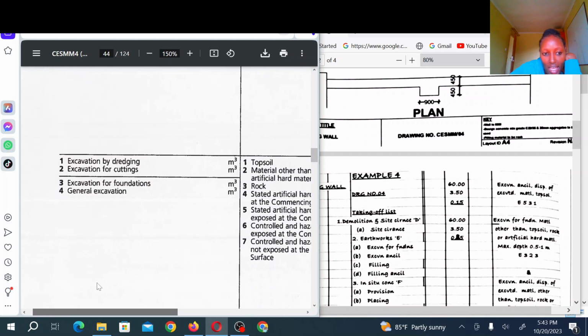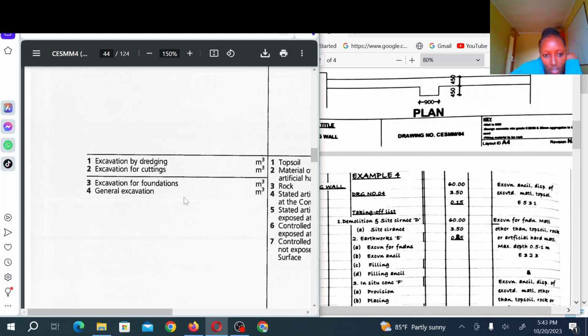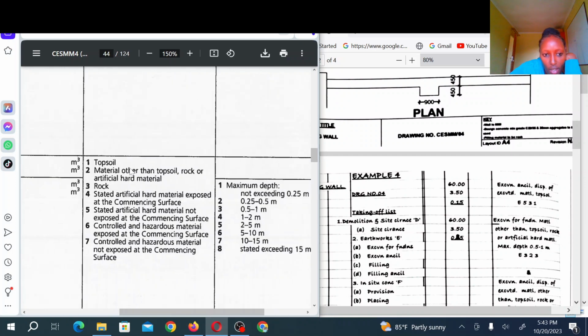You see, class E3 excavation for foundations, 2 material other than topsoil, rock or artificial hard material, and you have to copy just that. Then you go to 0.5 to 1 meter, which is 3. And that is what we have here, E3 2 3: excavation of foundation, material other than topsoil, rock or artificial hard material, maximum depth 0.5 to 1 meter.